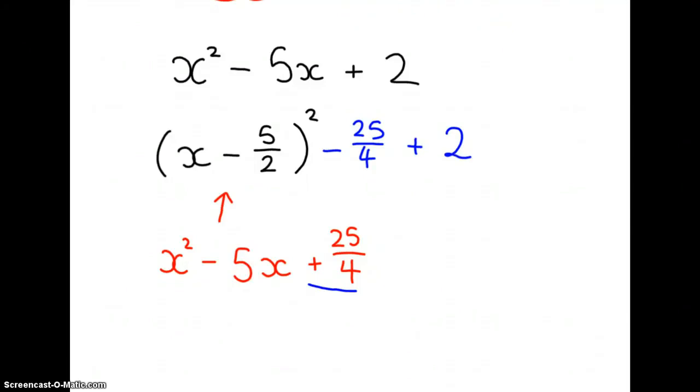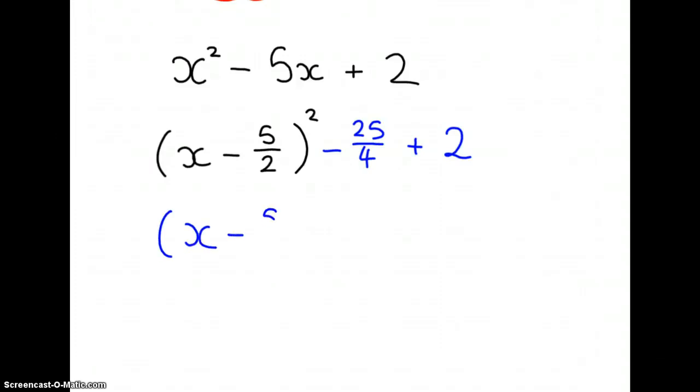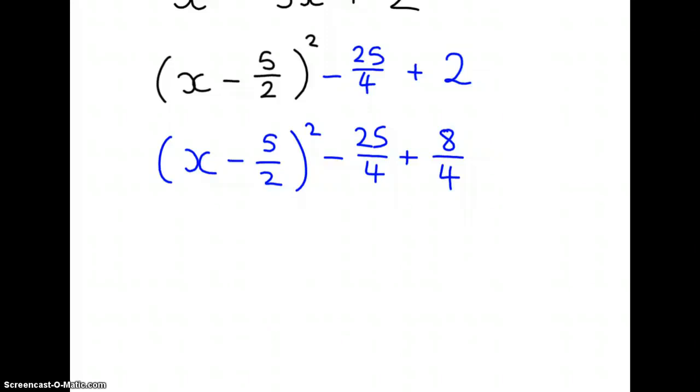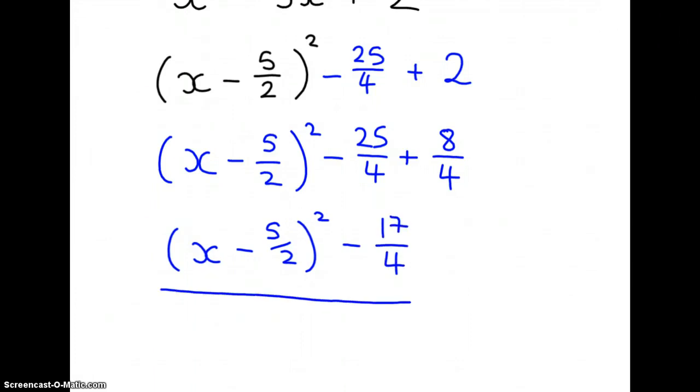And if we look at simplifying that, I'll say, well, minus 25 over 4 plus 2, and without a calculator I can say 2 must be the same as 8 quarters. So minus 25 quarters plus 8 quarters. So minus 25, add 8 must be minus 17 quarters. And that is our square completed.